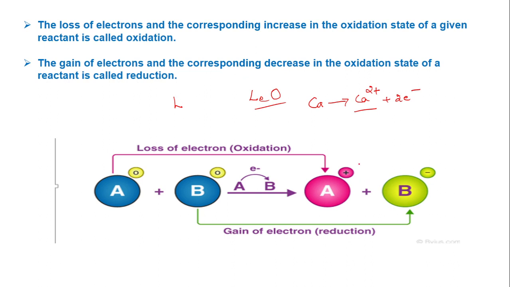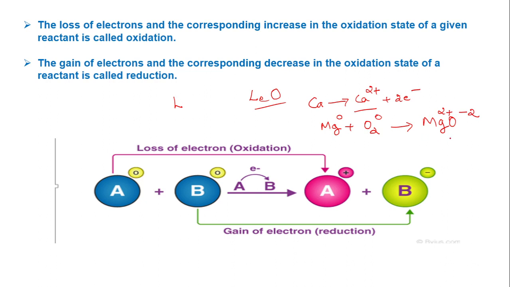Let us take one example, that is burning of magnesium ribbon in air. We get magnesium oxide. So what is happening here? Magnesium has zero valency, which gets converted to 2+ by removing 2 electrons from it, and oxygen has zero valency here, it becomes -2.